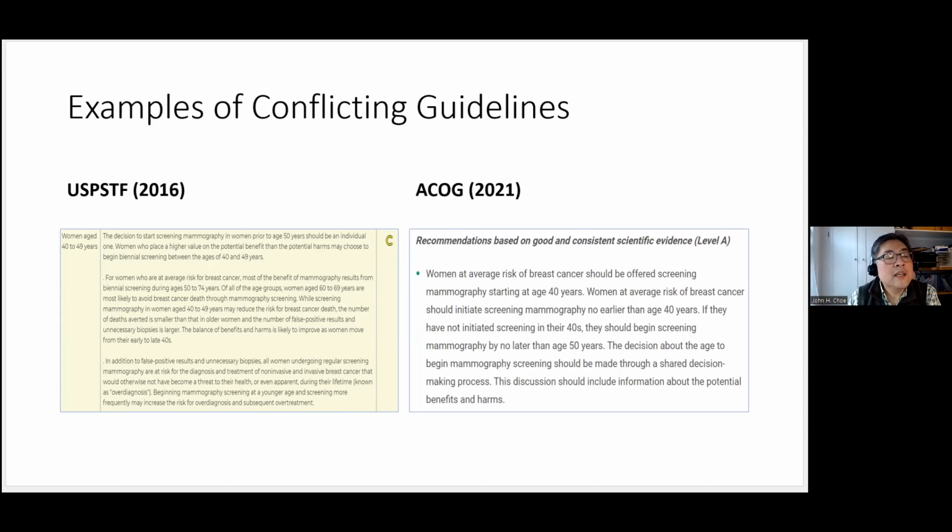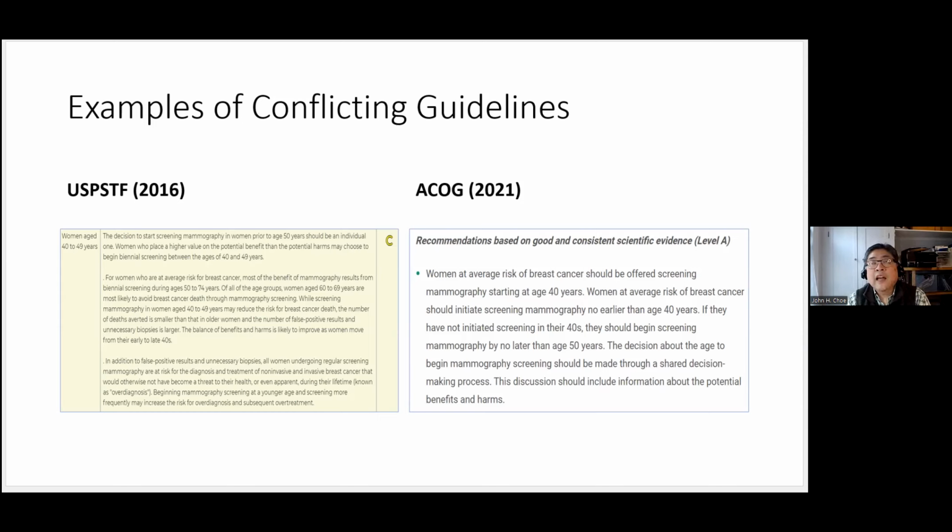They essentially said that it needs to be an individual shared decision-making conversation, that it's not a clear slam dunk in terms of the data, so we give it a level C of evidence. Versus ACOG, which was very firm about it, said, no, women should be offered screening mammograms starting at age 40. And they gave it a level A evidence.